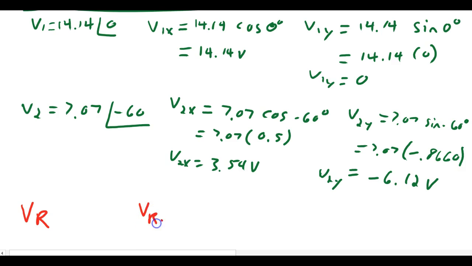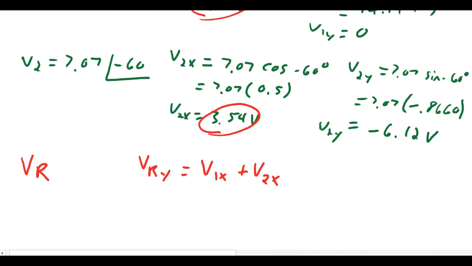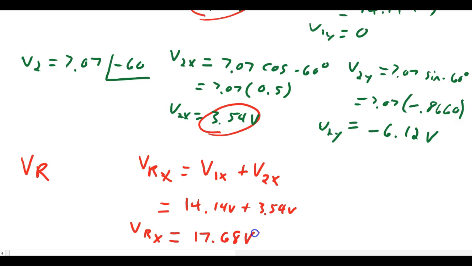Now, the next step is to produce V resultant. The x component of V resultant will be equal to the x component of V1 plus the x component of V2. So the x component of our resultant will be equal to 14.14 volts plus 3.54 volts. The x component of the resultant is 17.68 volts.